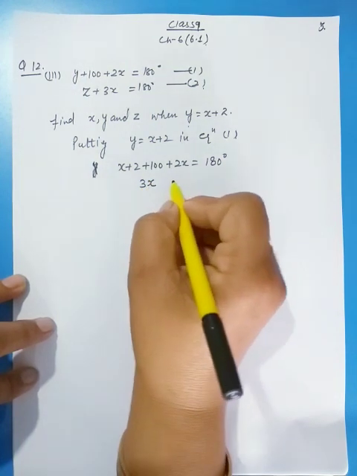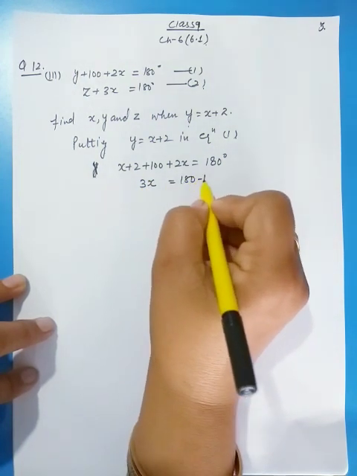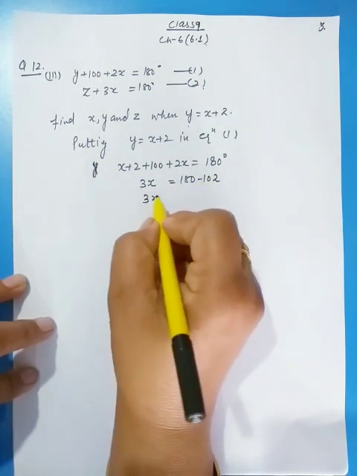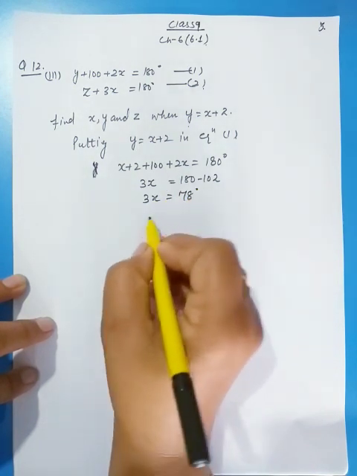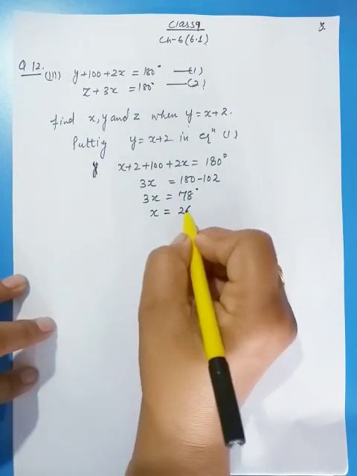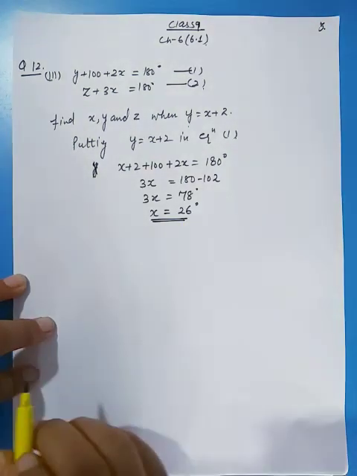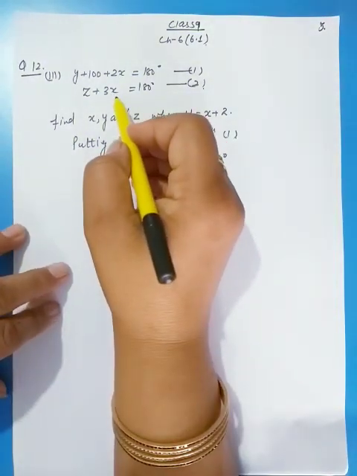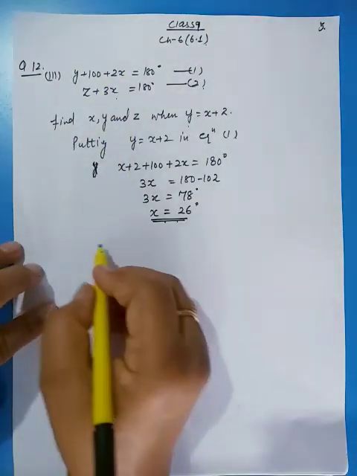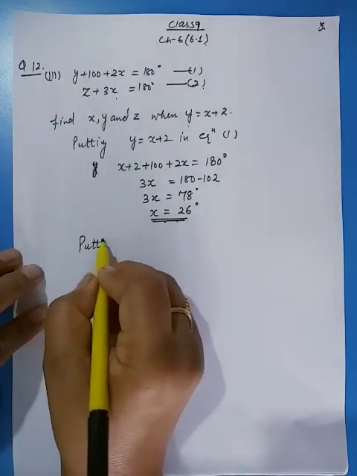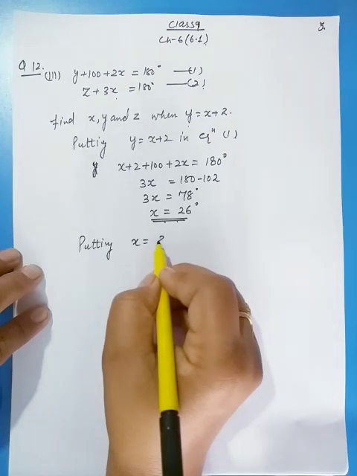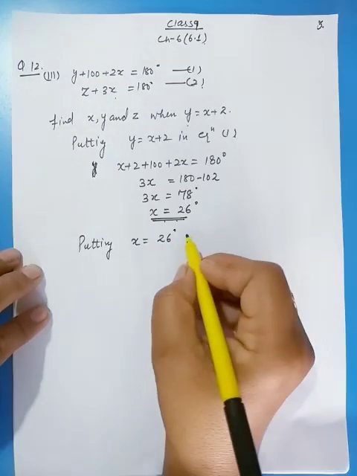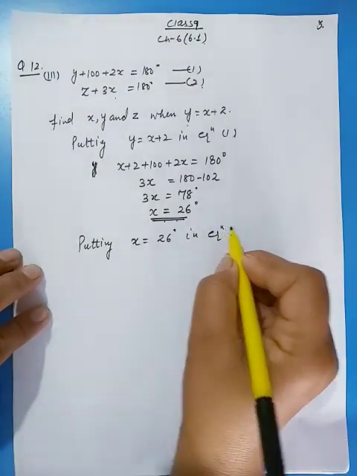It will become 3x is equal to 180 minus 102, so 3x is equal to 78 degrees, and x will be 26 degrees. Now we can put this value of x in equation number 2 to find the value of z. Important question.